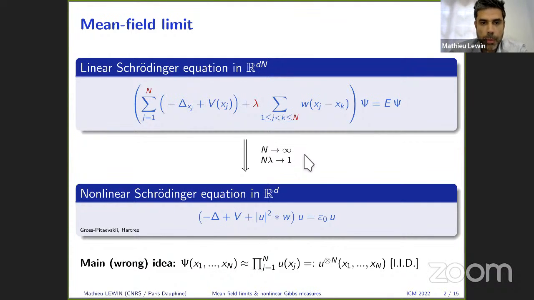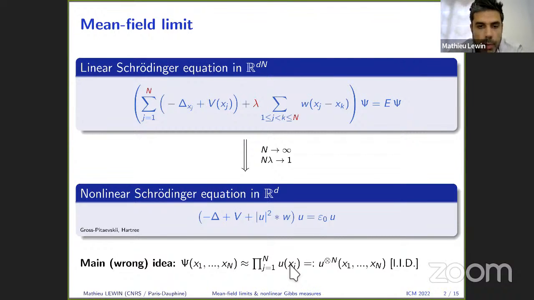So before I speak about this limit, maybe I should mention that if lambda is 0, or if you prefer, if w is 0, then the two equations are just essentially the same, even for finite n. So in the sense that if you consider here an eigenfunction of minus Laplace plus v, so you remove the nonlinear term, then you can immediately build an eigenfunction of the sum here just by taking the tensor product u to the n.